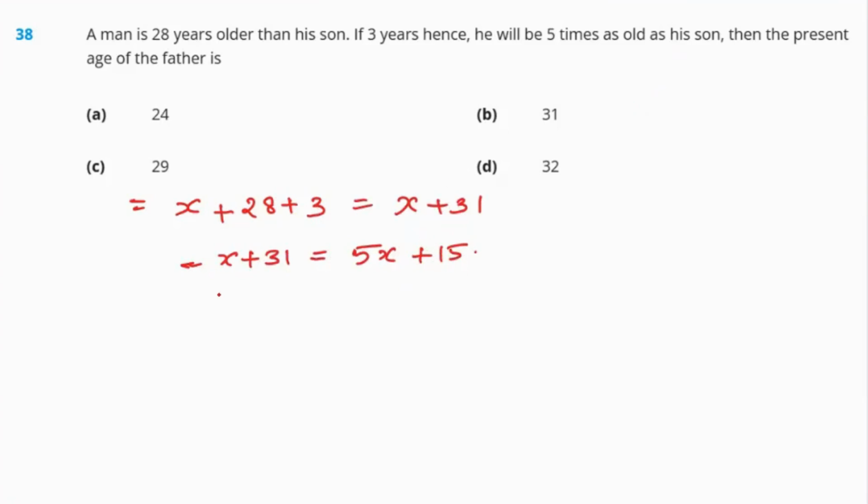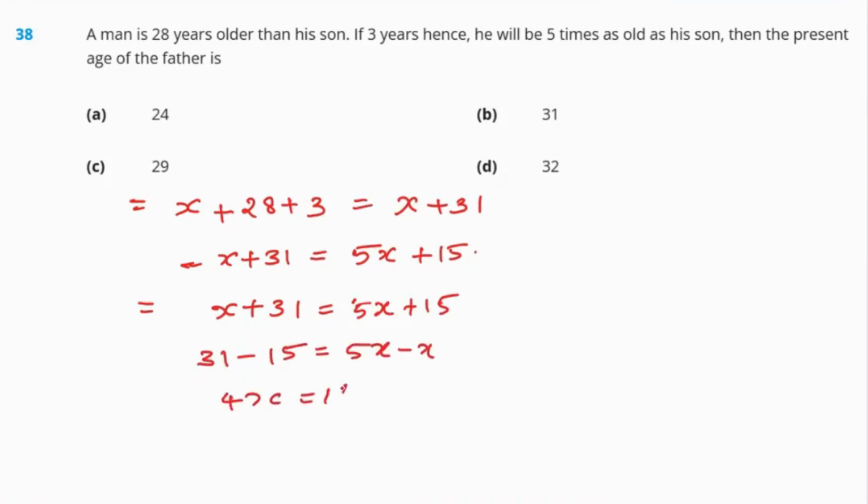So x plus 31 is equal to 5x plus 15. We take the x terms together: 31 minus 15 is equal to 5x minus x, so 4x is equal to 16, x is equal to 4.